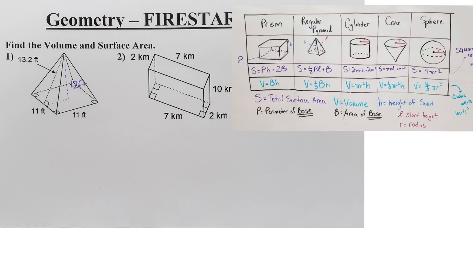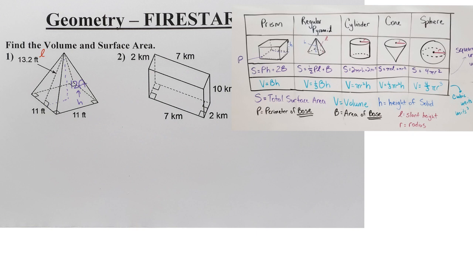Right? So that means I'm going to be using these formulas. Right? So the height, this is the height. This is called slant length. That's slant height. Right? That's the height on the edge.